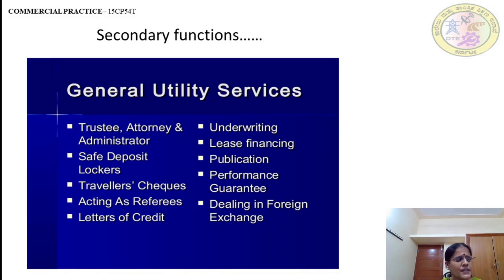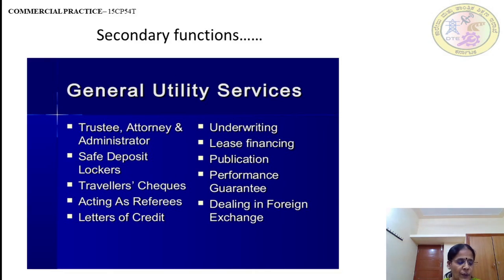What does it mean to say acting as a trustee, executor and administrator? It clearly means that a trustee is a person who is entrusted with some property by the settlor or author of the trust for the benefit of another person called the beneficiary. As an executor or administrator, the bank collects the amount due to the deceased and pays off the debts of the deceased by disbursing the assets of the deceased among the various creditors on the appointed date.